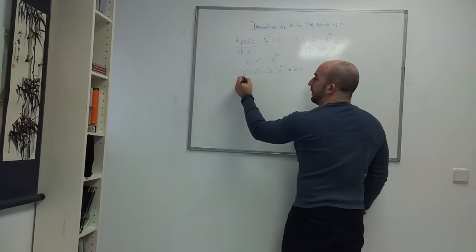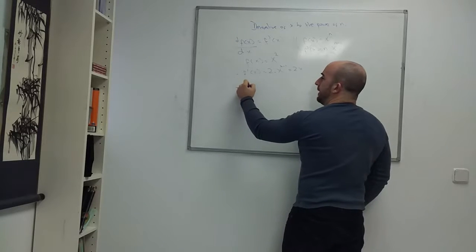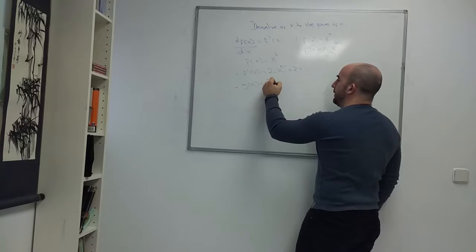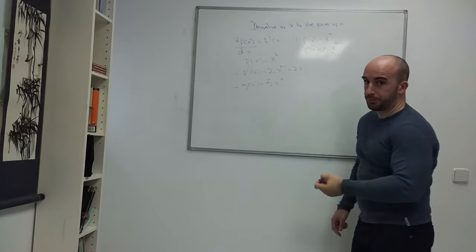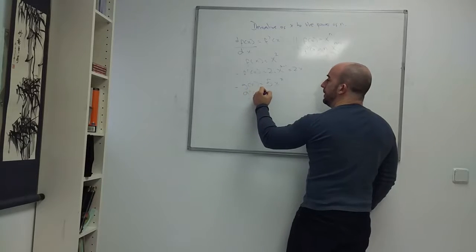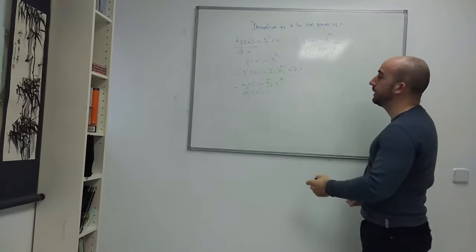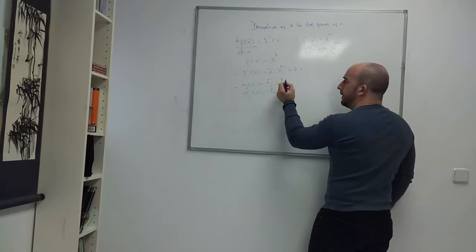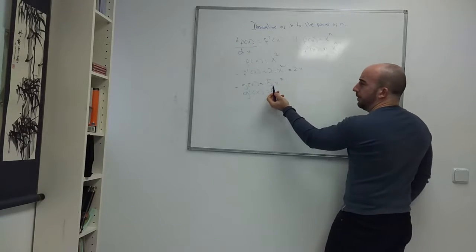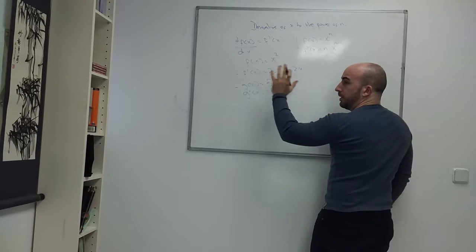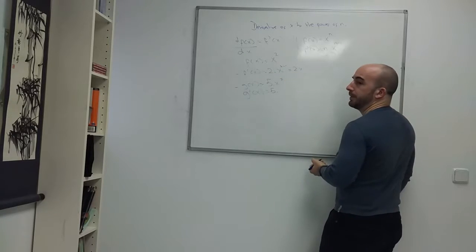So if we have another example, for example, g(x) equals 5x to the power of 7. G prime would be, if we use the formula, 5. Remember, if we have a constant times a function, we can take the constant outside and do the derivative of the function.